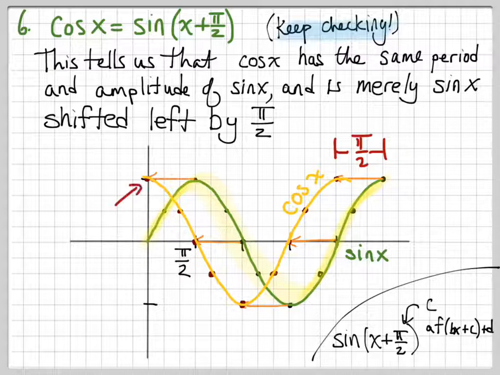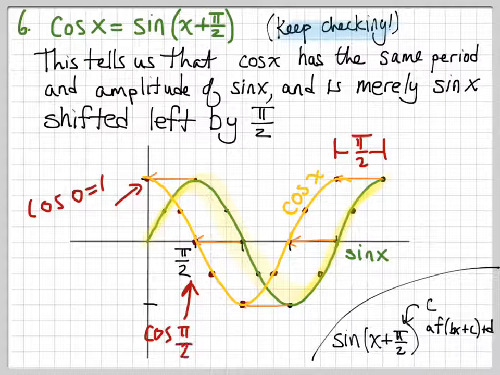There you can see that cosine of 0 equals 1. And here we have cosine of pi over 2 equals 0, and so on. And so the graph in gold is the graph of cosine.